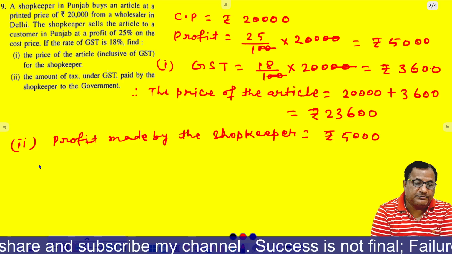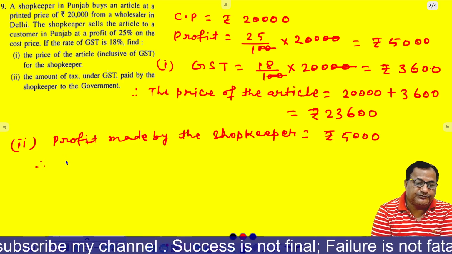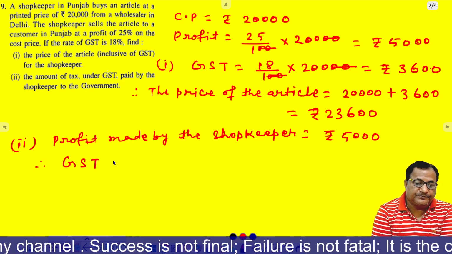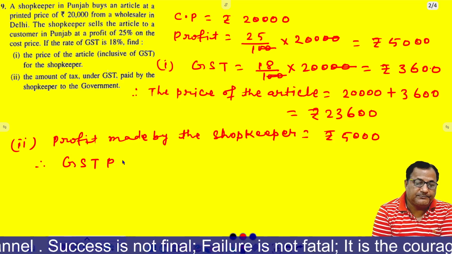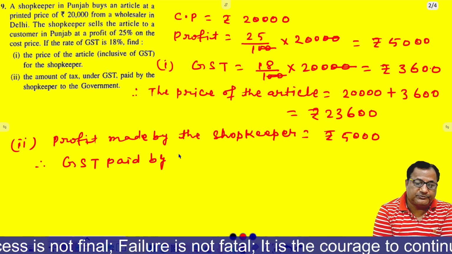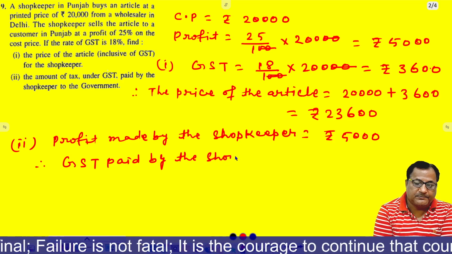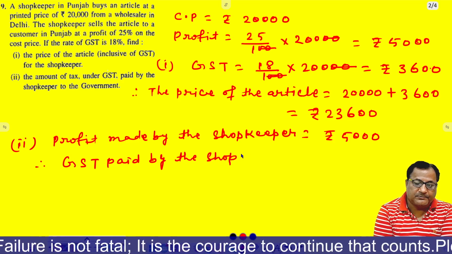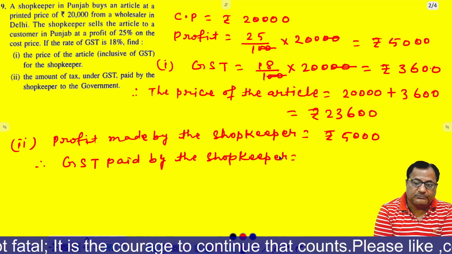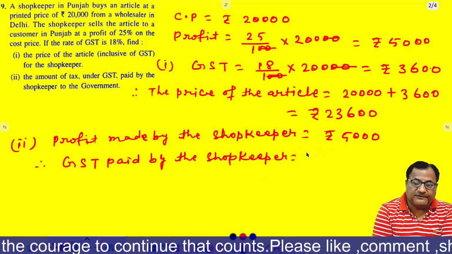So therefore GST paid by the shopkeeper is equal to, we will calculate on profit.